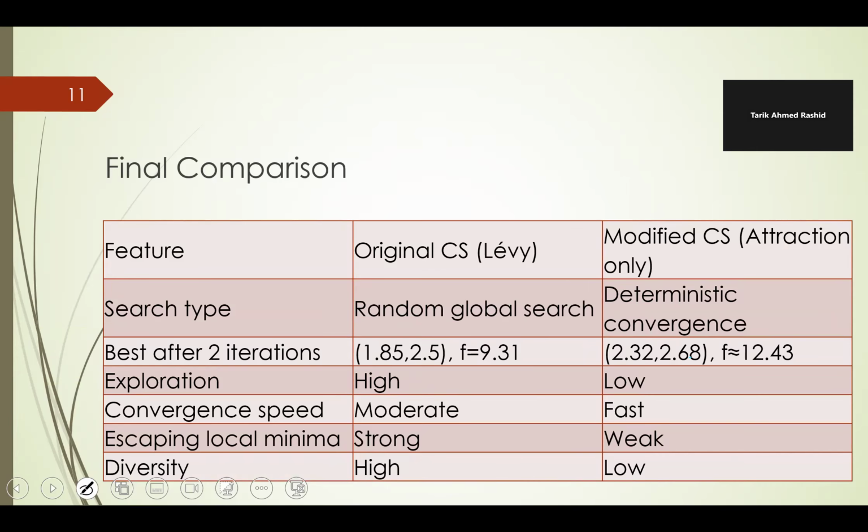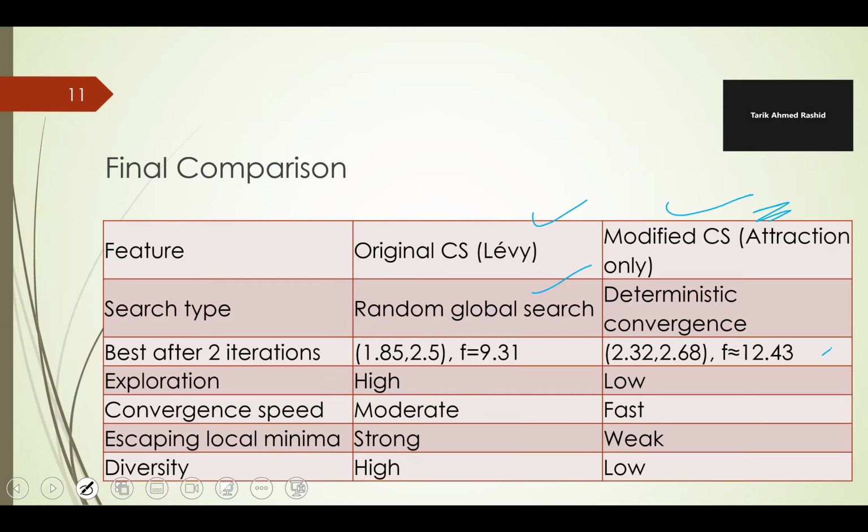Some comparison between the original CS Lévy and the modified, which we work with in this class. The modified is more deterministic convergence, less random, while the original has random global search. Here we have 12.3.